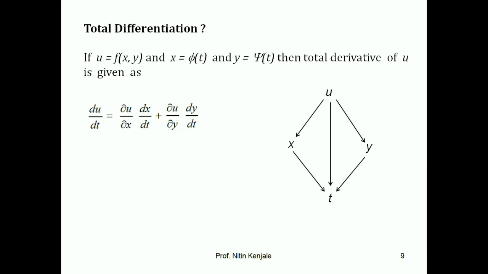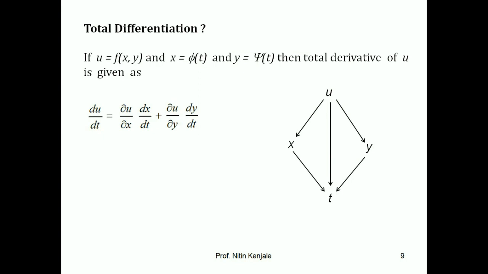You can see the similar thing in a tree diagram. u is a function of x and y, which are itself functions of t, therefore u becomes a function of t, therefore its differentiation with respect to t is ordinary. But when we differentiate u with respect to x or y, its differentiation is partial.